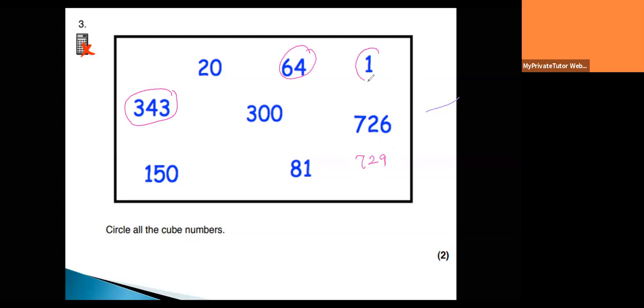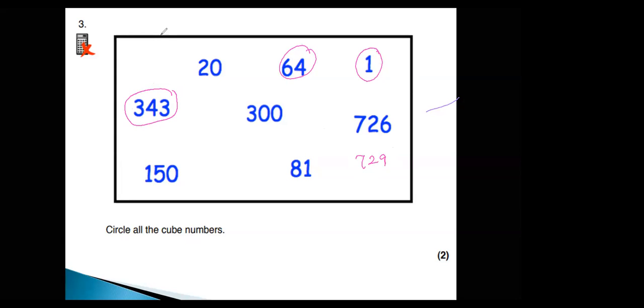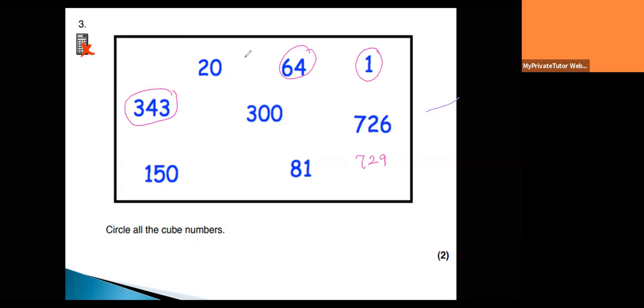And what about 1? You forgot 1. Am I correct? Okay, I think that's it. Only 64 and 343. The remaining numbers are not perfect cubes, I'm repeating again, not perfect cubes. The perfect cubes in this are 64 and 343.